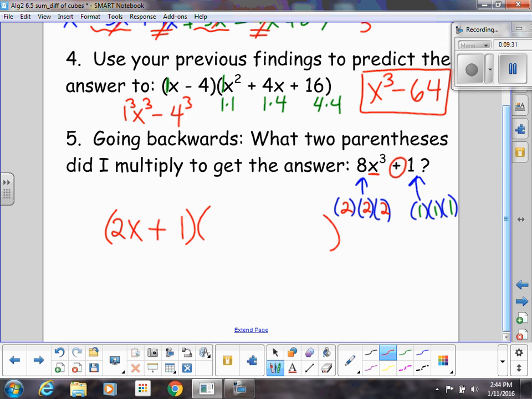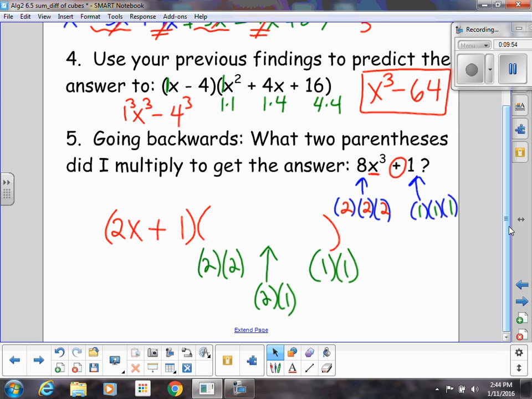Okay, and then remember we said in the second parenthesis where there were 3 numbers, this number was always that first number times itself, so like 2 times 2, and then this last number was always the last number times itself, and then in the middle it was always 1 of each, right?